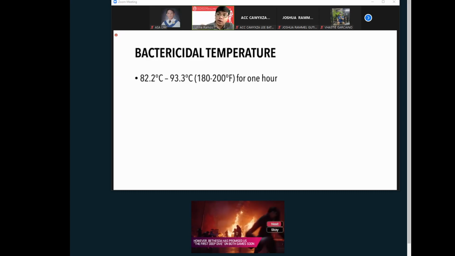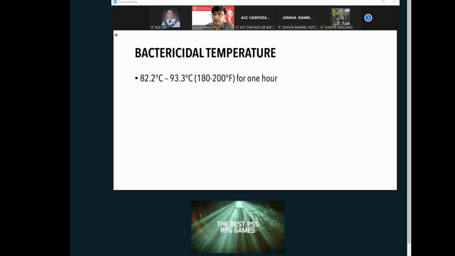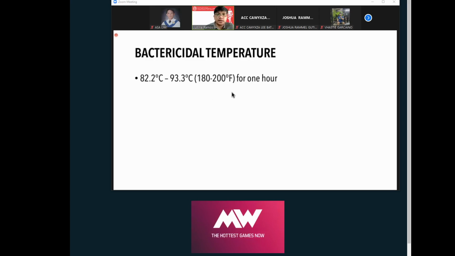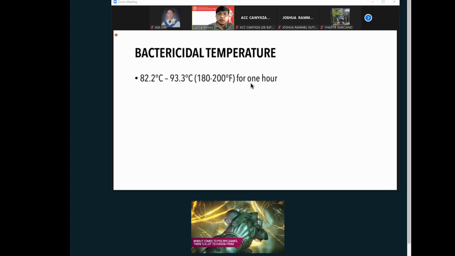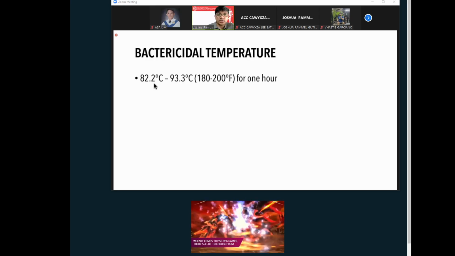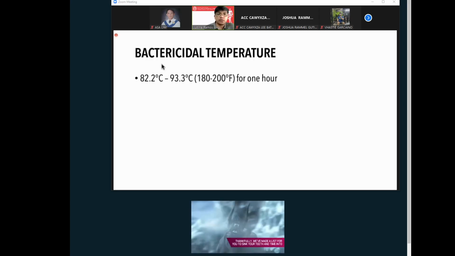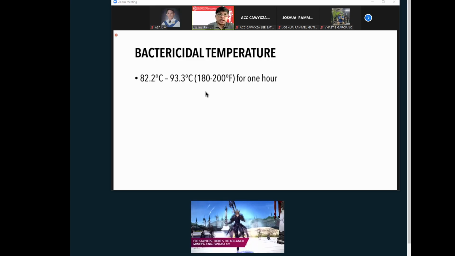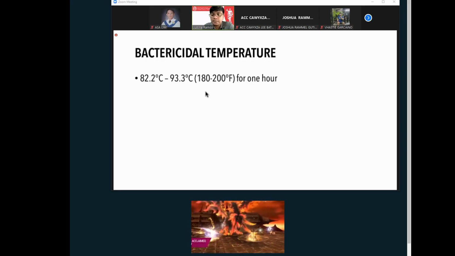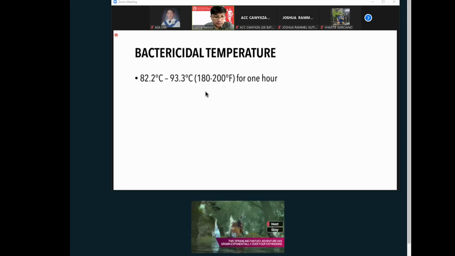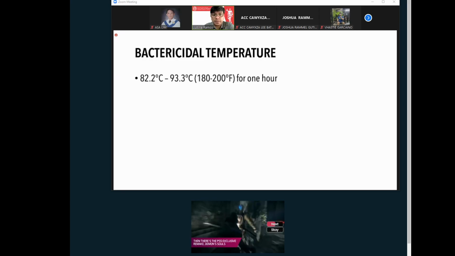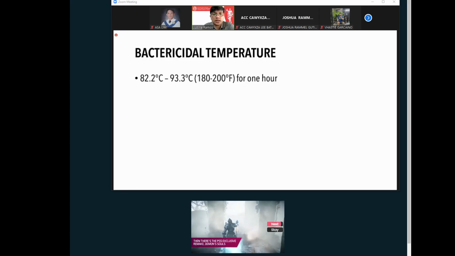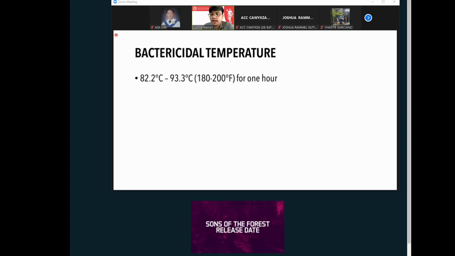And then, once in a while, kapag ka every week, okay, kailangan i-turn on natin to its bactericidal temperature for at least 1 hour. 82.2 degrees Celsius to 93, almost boiling point. Pero hindi mo naman pakukuluan yung wax, no? Nakuha? Kasi hindi naman tayo palagi nagpapalit ng wax kasi mahal ang wax compared with your hot moist pack. Okay, kaya ginagamit lang natin ito for wrist and hand and ankle and foot. Actually, sa ankle and foot, hindi nga.